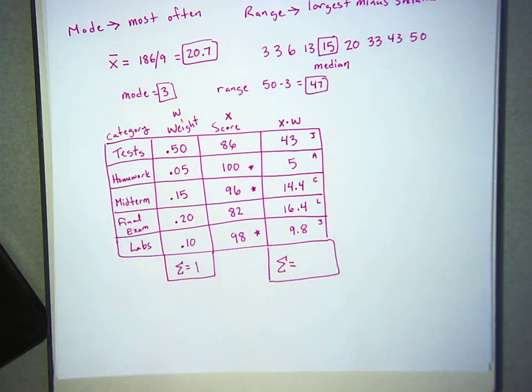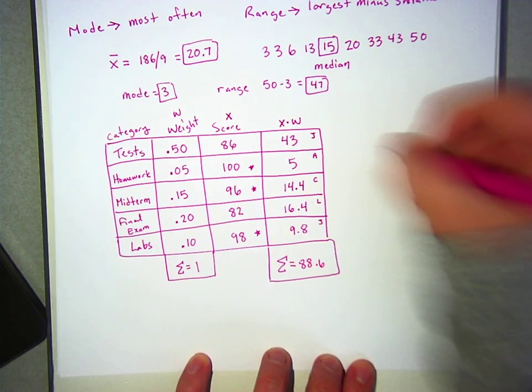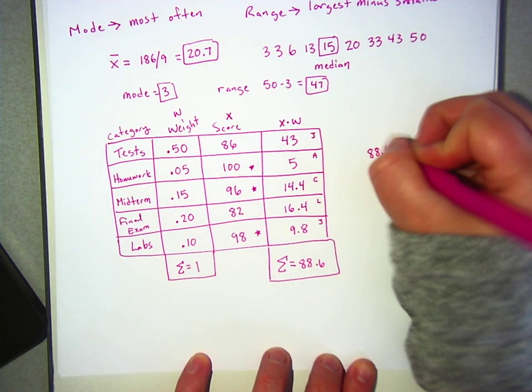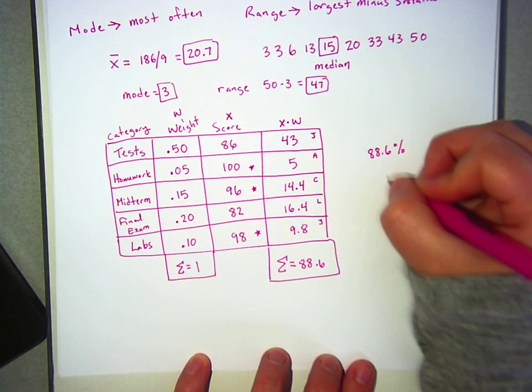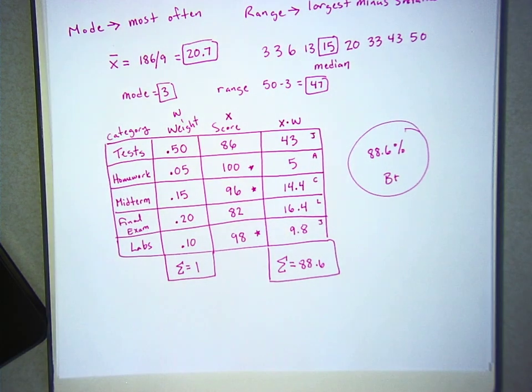It's like a high B plus. What'd you get? 88.6. Final answer is 88.6%, which is a B plus. Okay, not so bad.